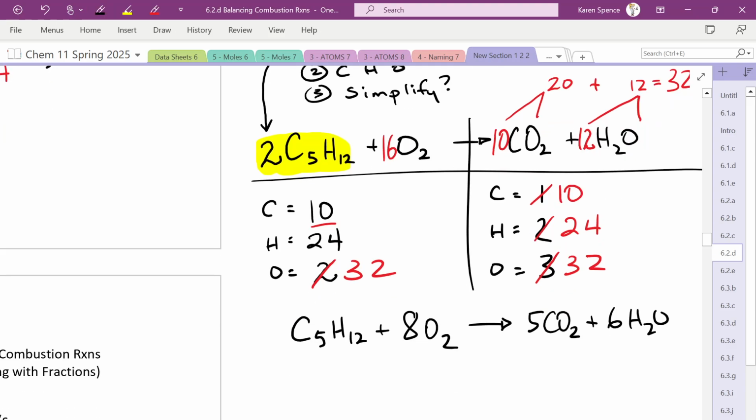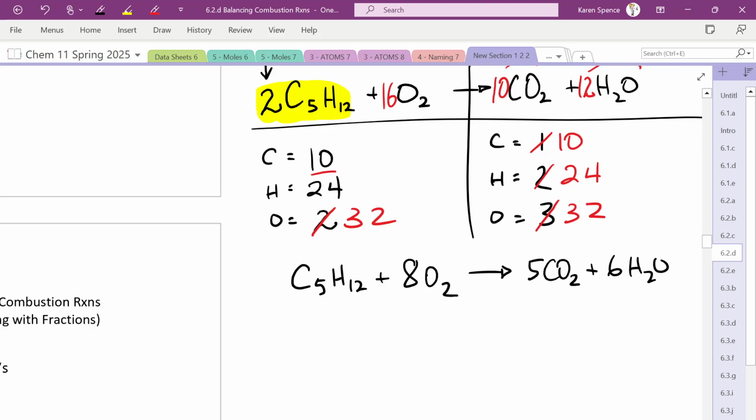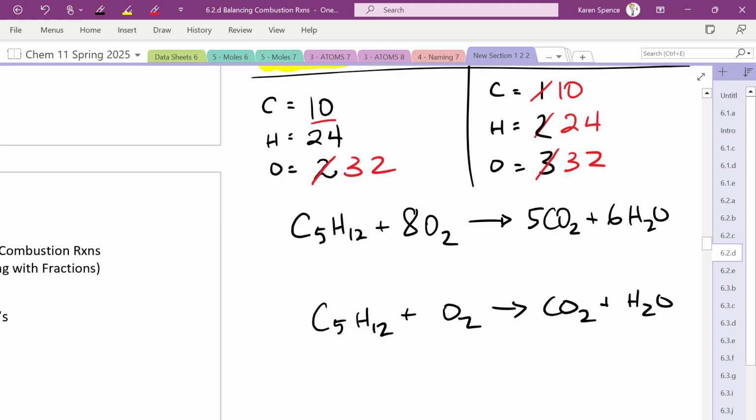If I did this using halves, let me just do this really quickly for you. C5H12 plus O2 gives CO2 plus H2O. I'm going to say I need 5 carbons, 5. I need 12 hydrogens, 6. And then I need 10 oxygens and 6 oxygens.